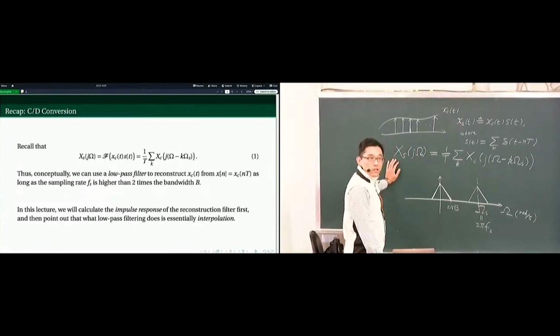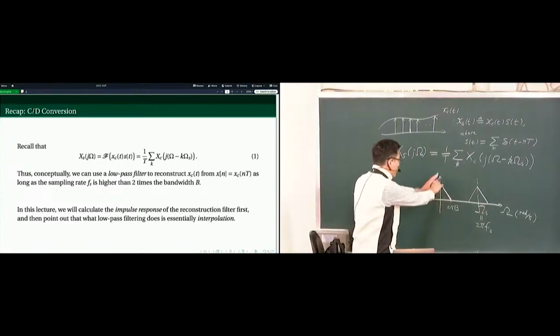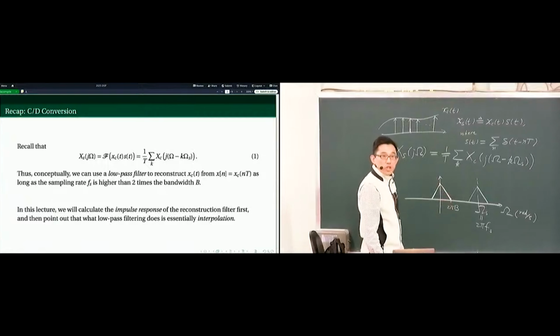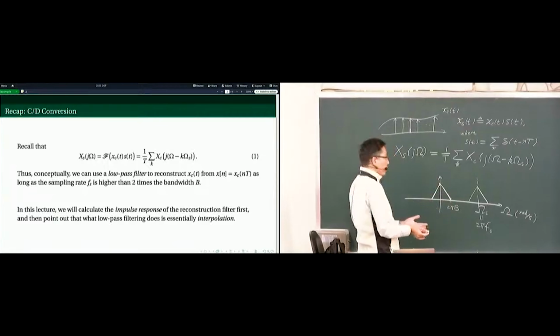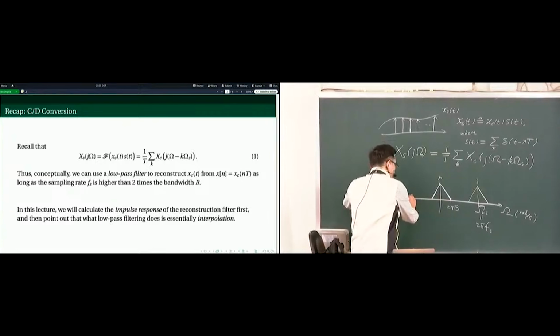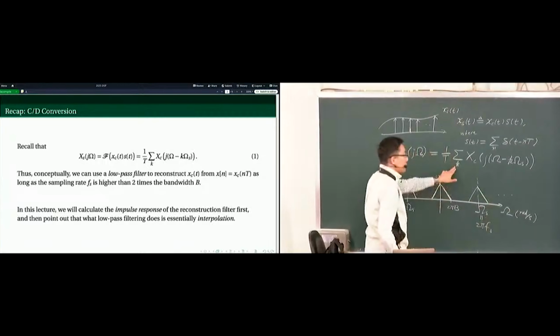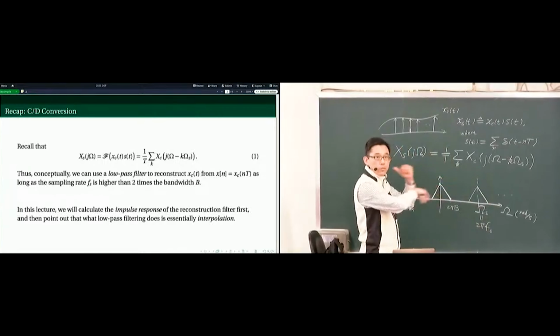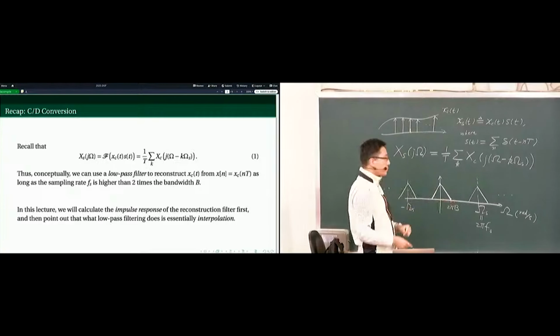And we like it because the spectral shape is preserved. So we're happy about that. Also, on the negative frequency side, everything is symmetric, so let me just draw another copy. Conceptually, the summation extends in both directions. Very good.